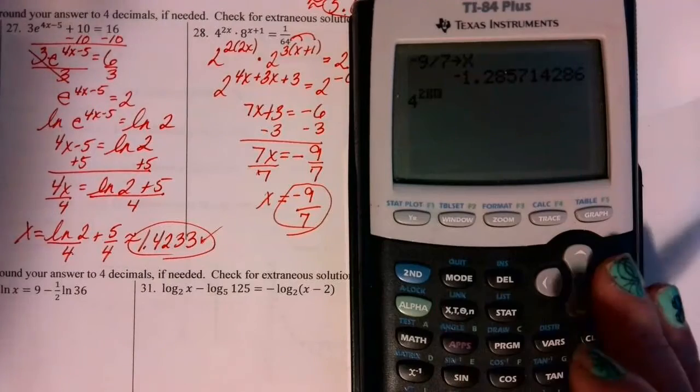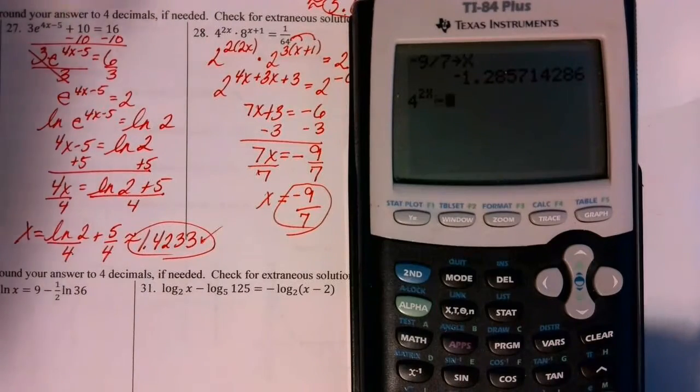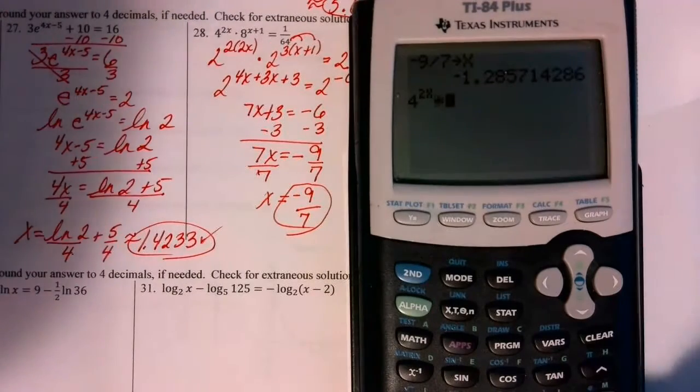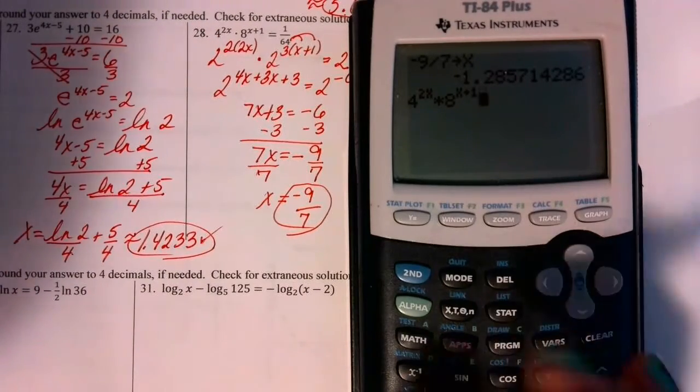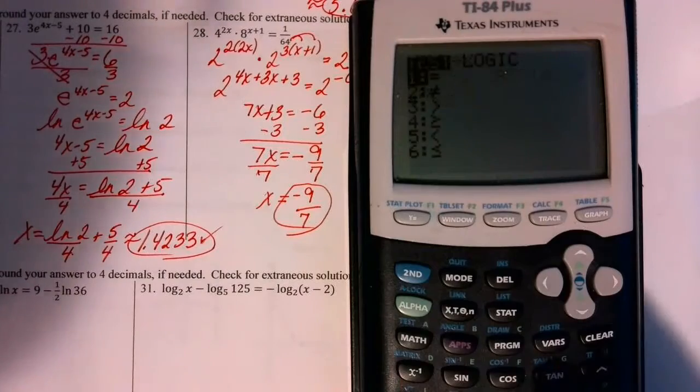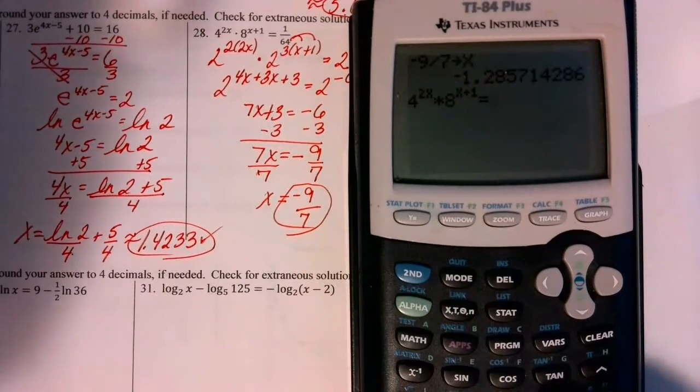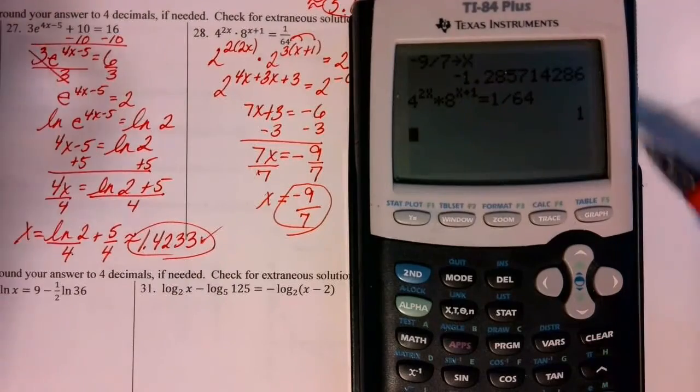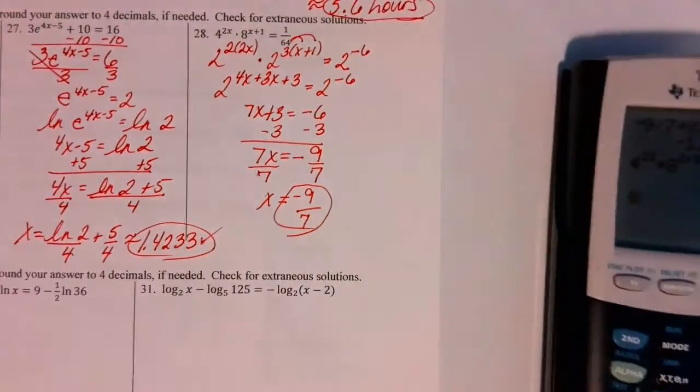So 4 raised to the 2x power times 8 raised to the x plus 1 power, and then the equal sign and 1 over 64. We press enter, we get a 1, so we see that that checks.